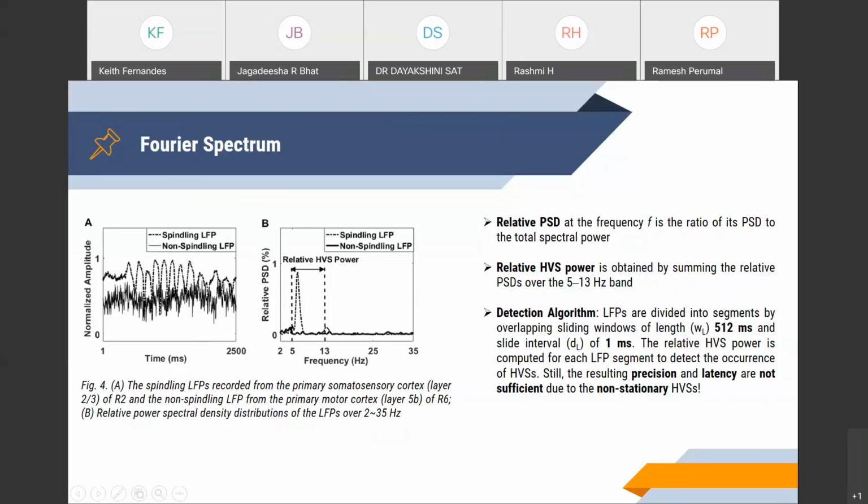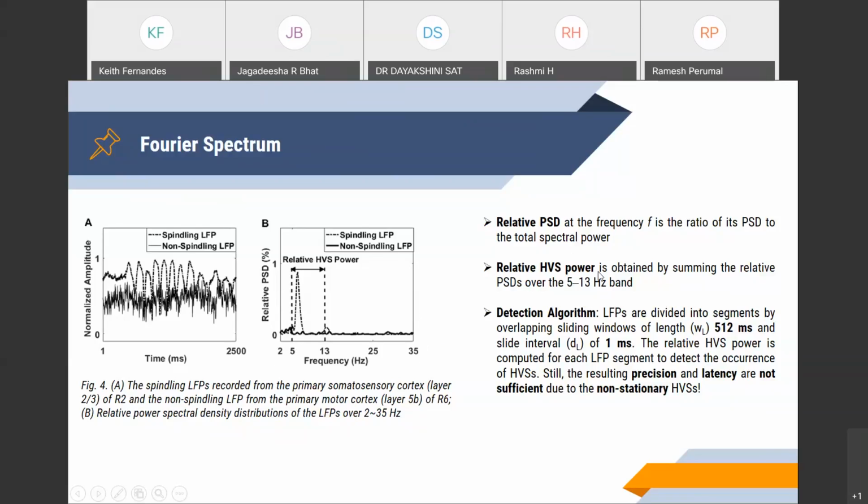So it is important to select a metric that is robust to noise and robust to the variations in amplitude and spectral features. That is why we select the relative power spectral density. It is nothing but the ratio of the power spectral density at a frequency divided by the total sum of the power spectral density in the range. For example, if you are considering the range of 2 to 35 Hz, then the denominator should be the sum of the PSD, that is the total spectral power.